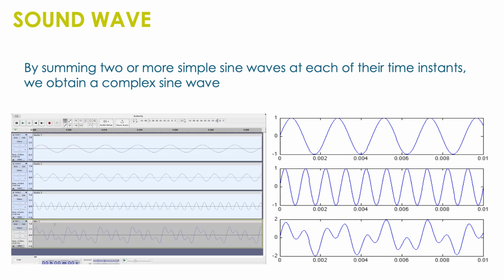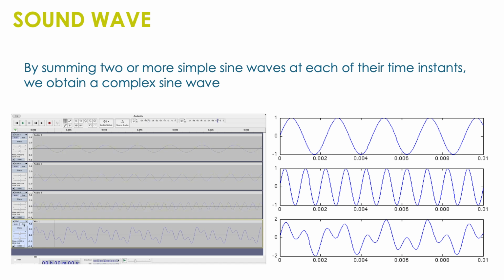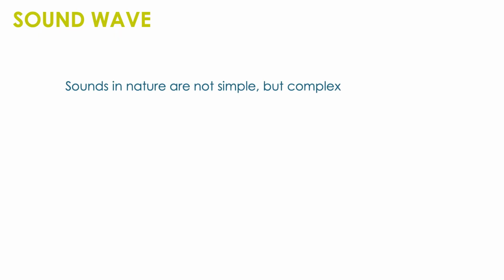By summing them, we obtain a complex wave. The sound of the resulting wave that we can hear is the same that would be obtained by playing the 3 single waves together. Sine waves are simple to manage.